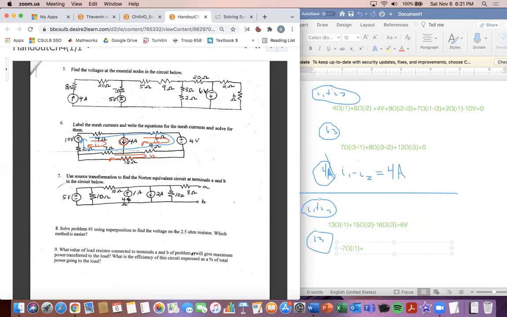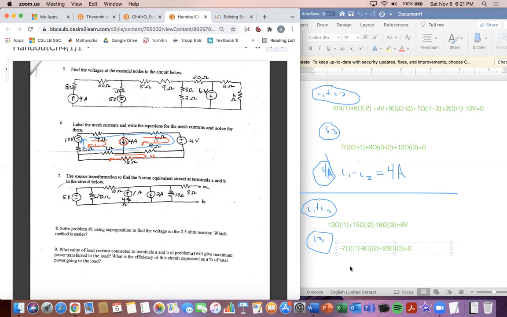For I2 terms, it's going to be -9 times I2. And then I3, it's going to be 7 plus 9, 16, plus 12, 28. And that's going to be equal to 0.